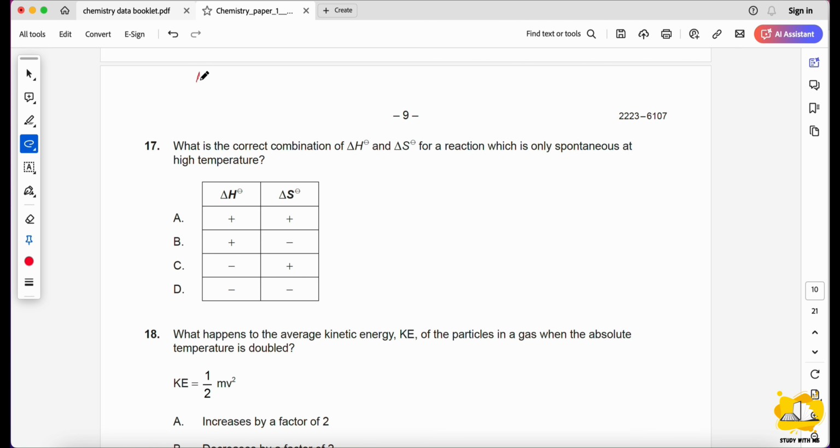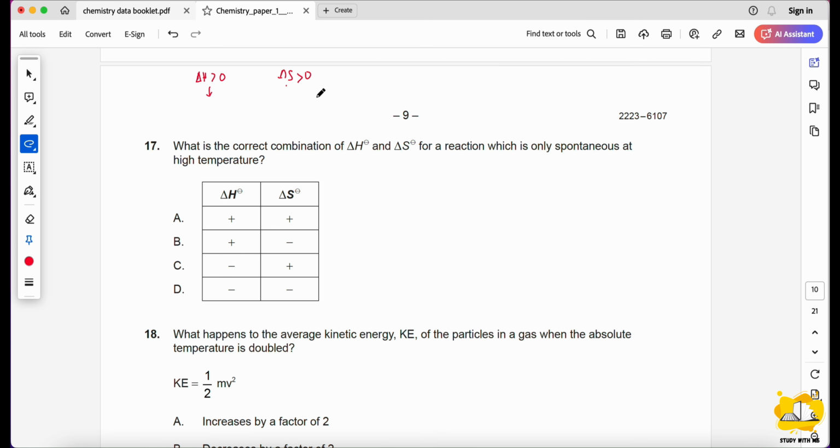If delta H is bigger than 0, therefore the reaction is endothermic. And for delta S, if it's bigger than 0, they will experience an increase in entropy, higher kinetic energy.